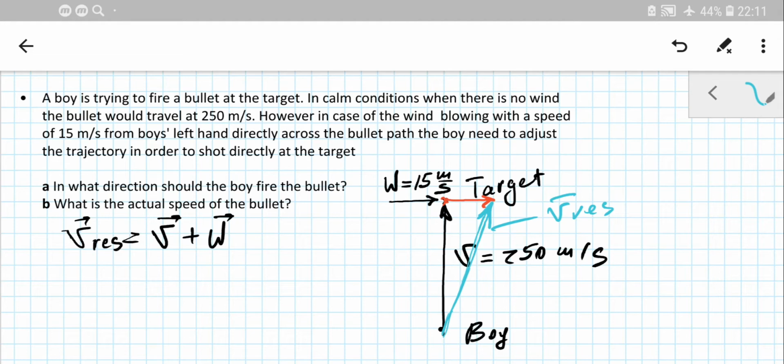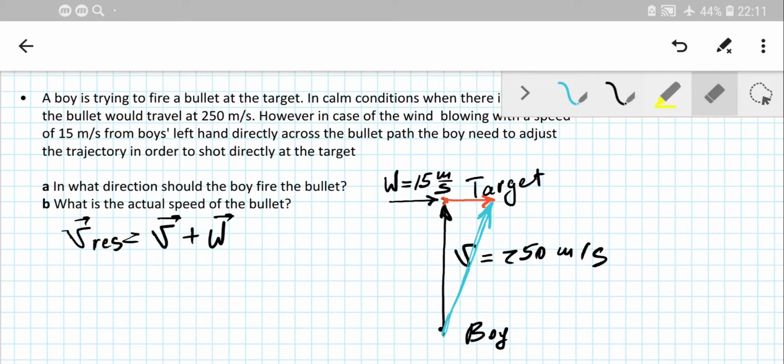So the boy needs to change the direction of the strike. I just erase that because it's incorrect for this problem. It was just our speculation.